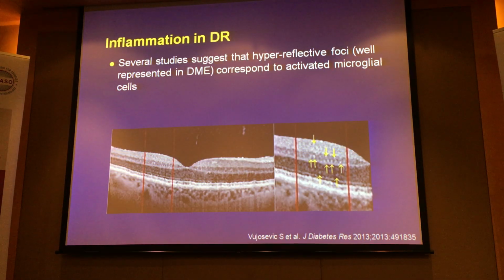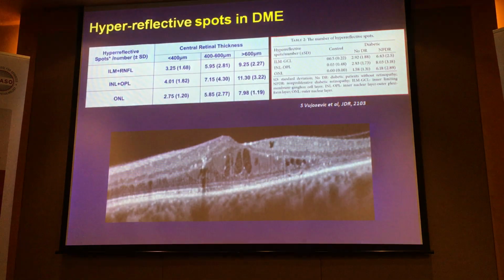And clinically on the spectral domain OCT, you can see these hyperreflective dots. Next time, go back and look at your patients with CRVO, with DME, with radiation retinopathy. They all have an increase in hyperreflective spots or dots. And if you have so much time, you can sit down and count them. You can actually correlate it with the central retinal thickness.